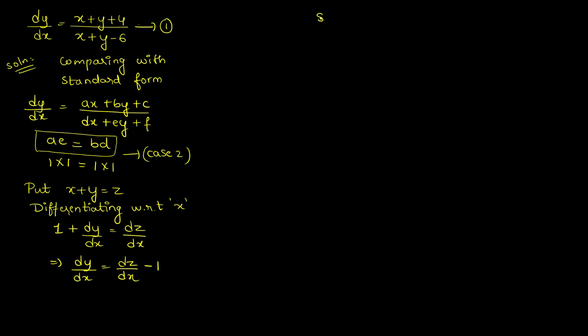So substituting x plus y equal to z and dy by dx equal to dz by dx minus 1 in equation 1, what do you get?